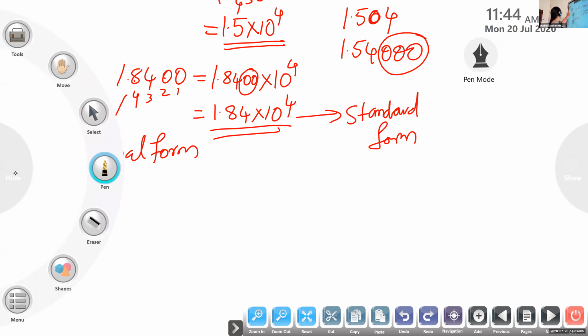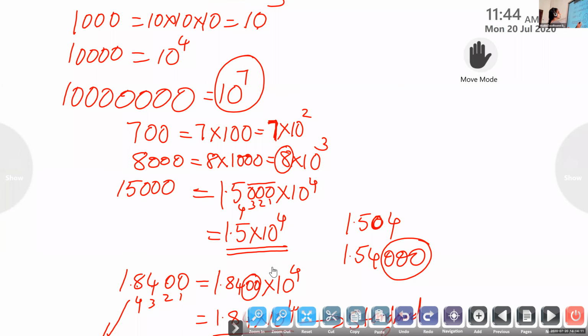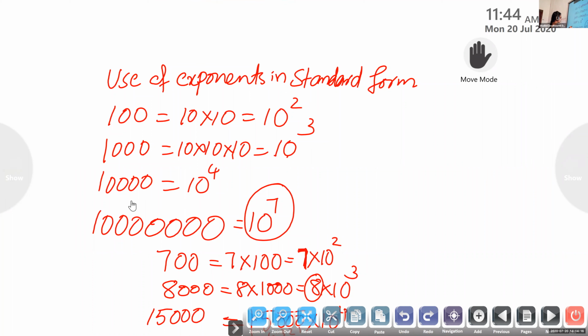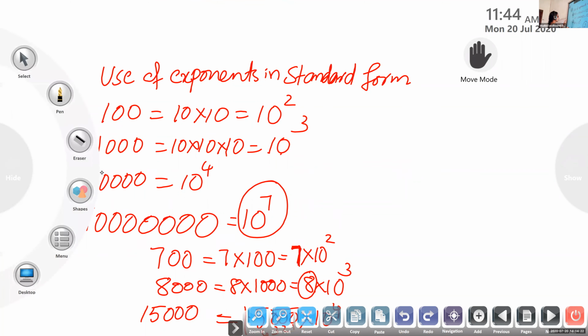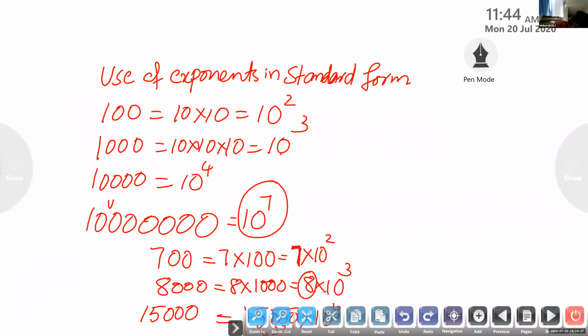In the standard form, we will write in the 10 raised to form. This is usual form. This is standard form. If you are asked to write in the standard form, you have to write in the form of 10 raised to.